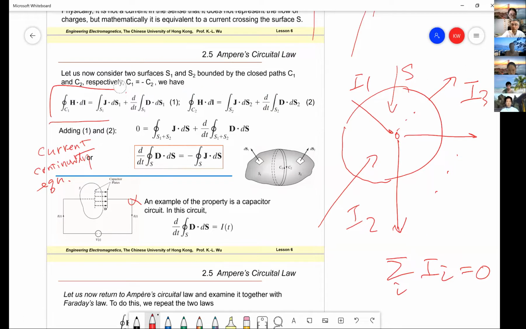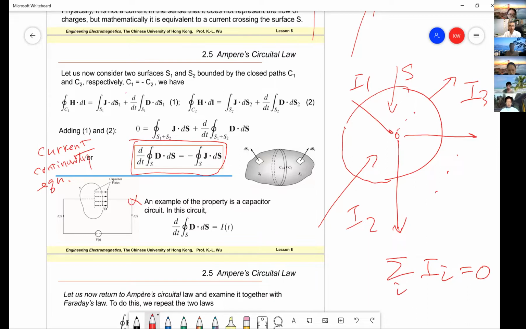Okay, so that is the current continuity equation. Now let's look back. If we didn't have the displacement current, could we find this law? No way, right? In other words, if we already found this law, or this law is obvious, then Ampere's law is obvious.